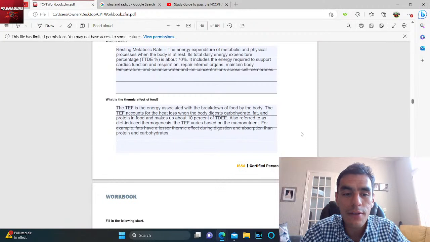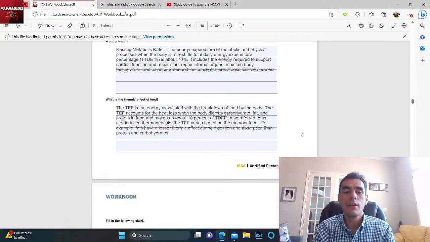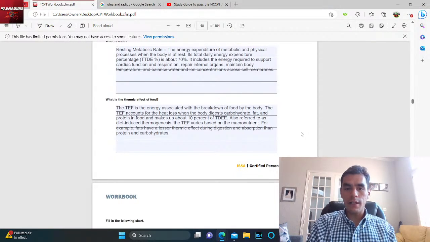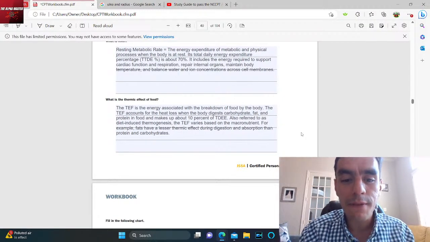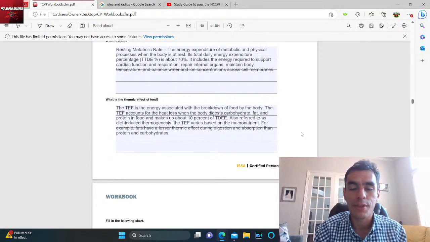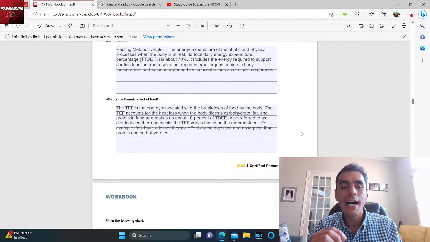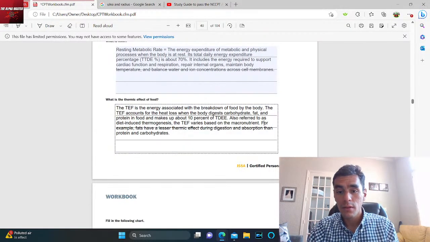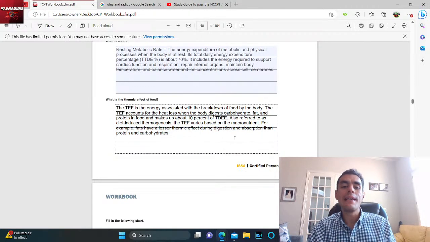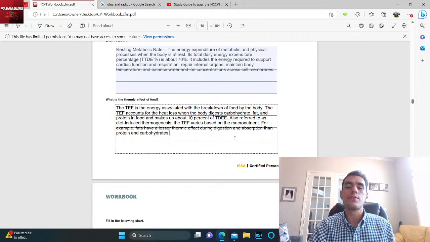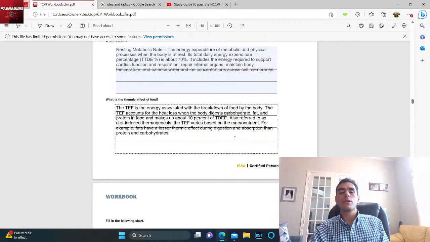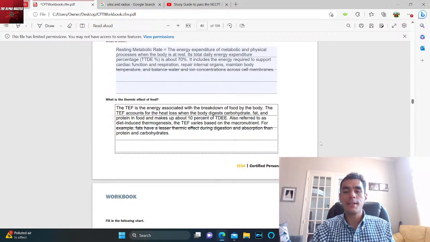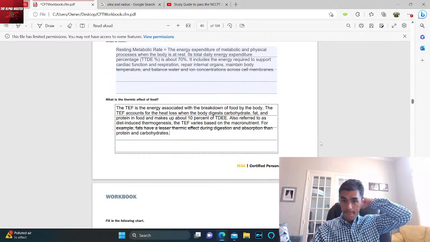For example, fats have a lesser thermic effect during digestion and absorption than protein and carbohydrates.